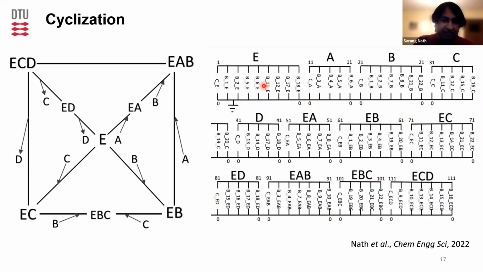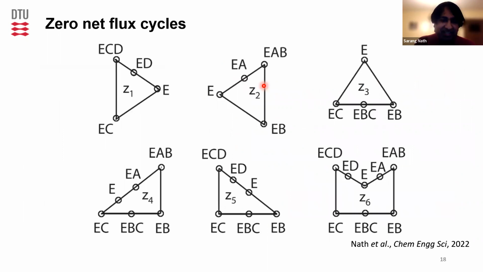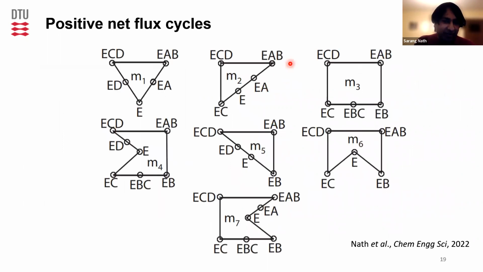Now you want to identify what the subpathways in this network are and what the flux through them is. This is extremely easy in the electrical modality because you want to see where the current is flowing. So you can very quickly identify which subpathways have zero current and which have positive current. That's exactly what we did: we identified 14 different pathways, 7 of which have positive flux, and the rest have zero flux.